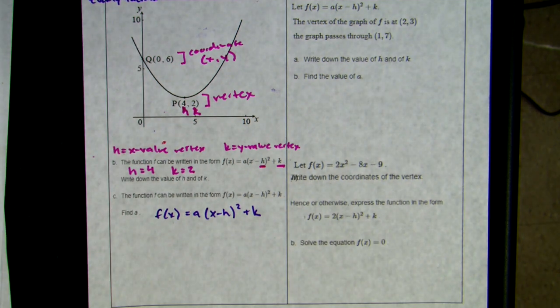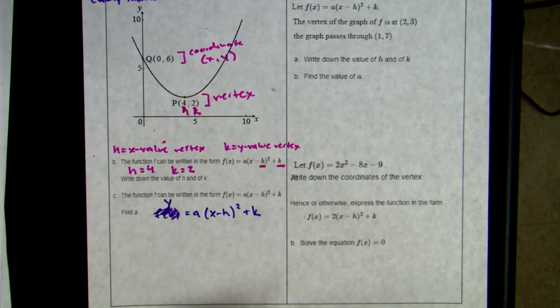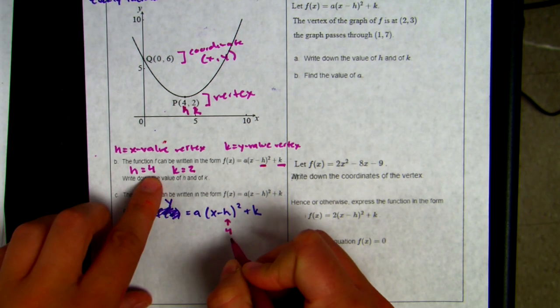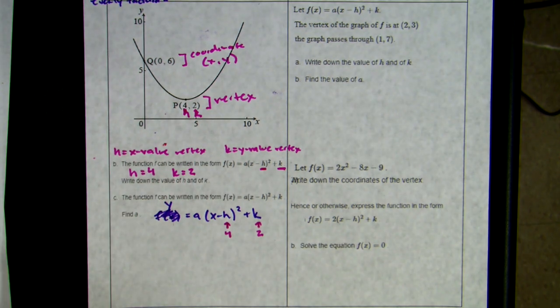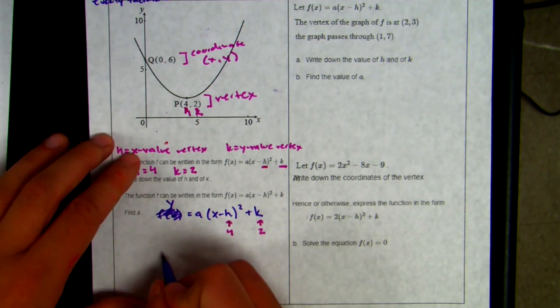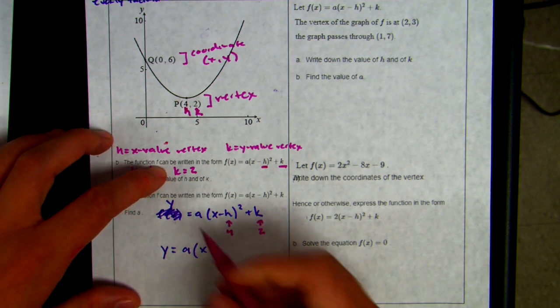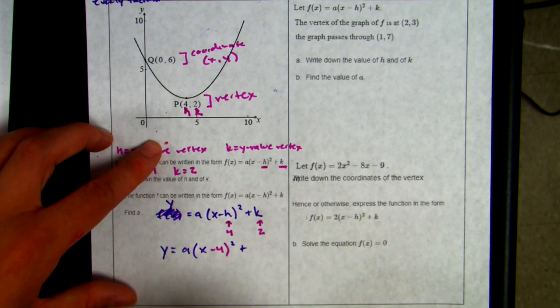Well, we know f of x is the same thing as y, so let's go ahead and rewrite it as y. Now let's plug in what we know. We know that h is equal to 4, because it's the x value of the vertex, and k is equal to 2, because it's the y value of the vertex. So I now have y is equal to a(x minus 4) squared plus 2.